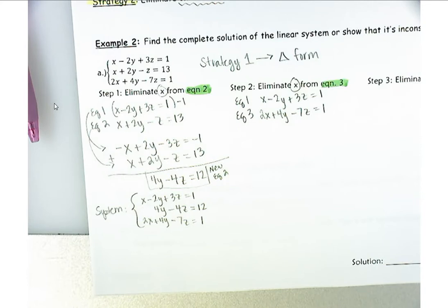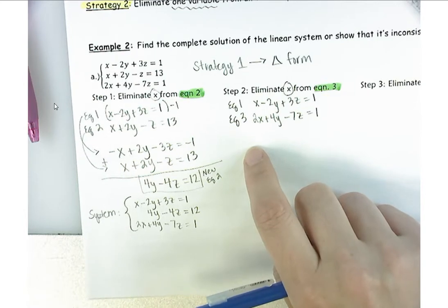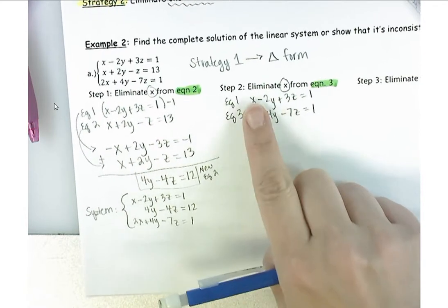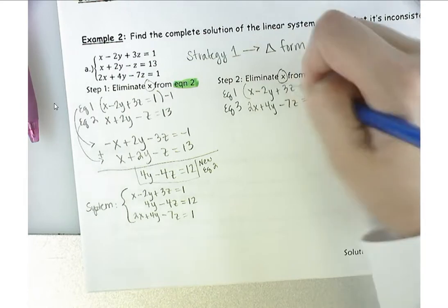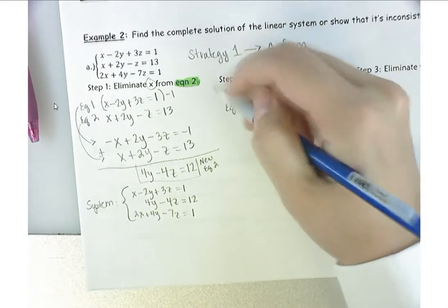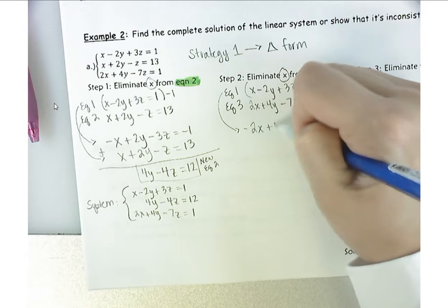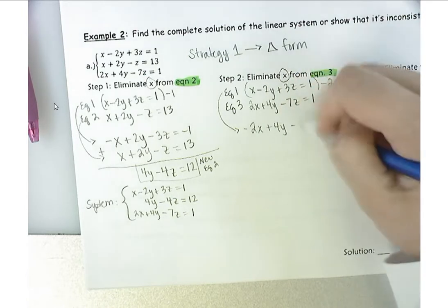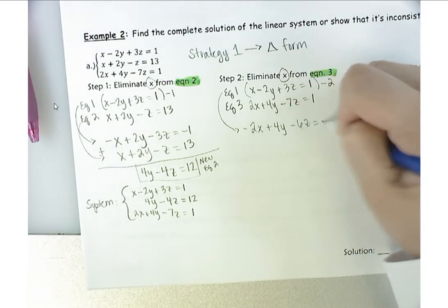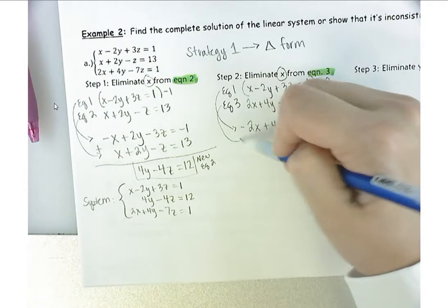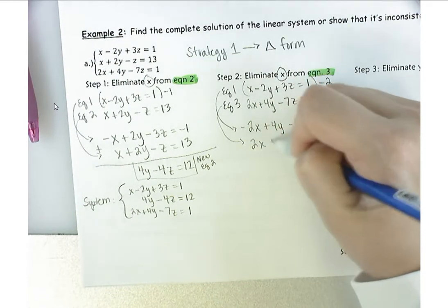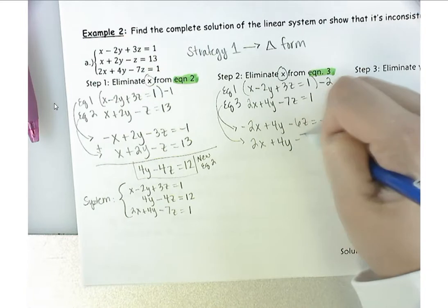Okay, and then JC, if I want to cancel out my x's, what am I going to have to do? Good, so I'm going to multiply the top equation by negative 2. So that's going to give me negative 2x plus 4y minus 6z is equal to negative 2. And my equation 3 is just going to stay the same, and I'm going to add these together.